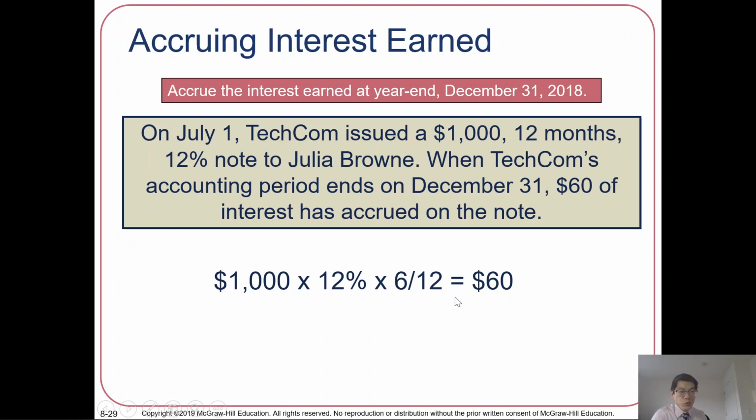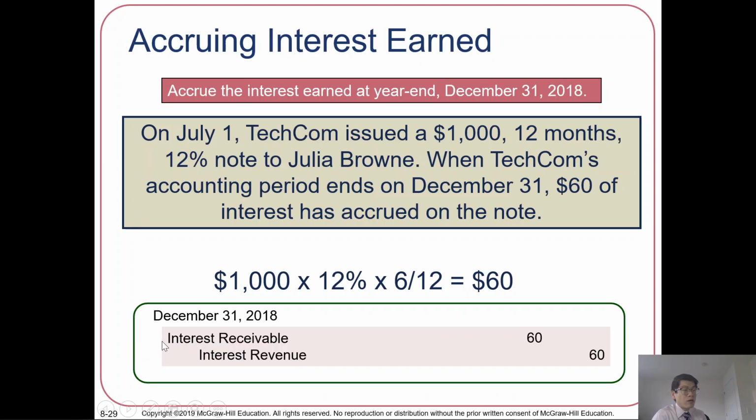For Julia using the money for 6 months, she has to pay $60 interest to the tech company. And for the tech company, for lending out the $1,000 up to the end of the year, they have earned interest revenue of $60.